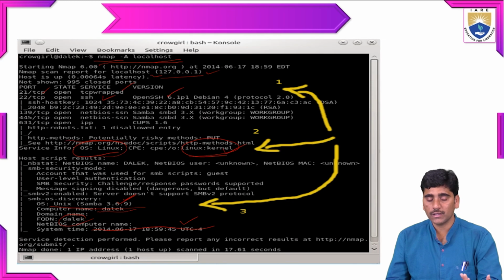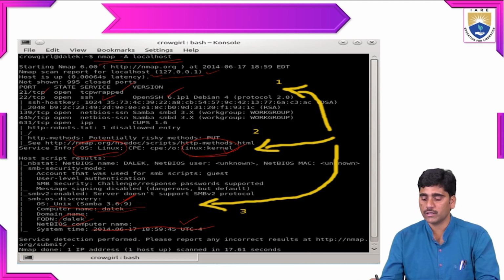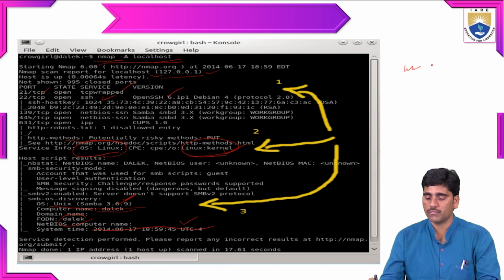After installing Nmap on your system, you can find what type of operating system is used by the target system. Suppose we take www.flipkart.com and type it on our system.